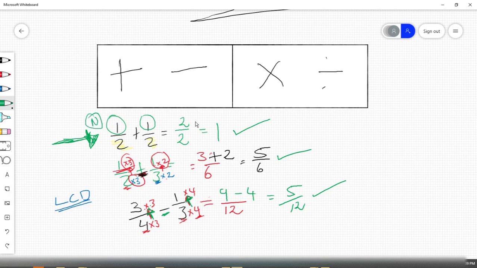Numerator is just another name for the number on top. So this is the numerator and this is the denominator.